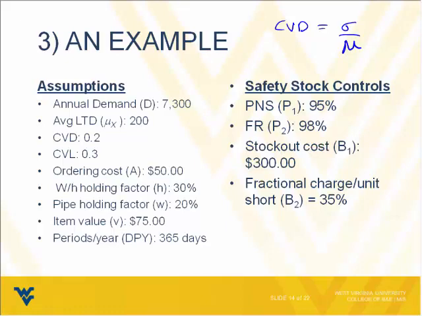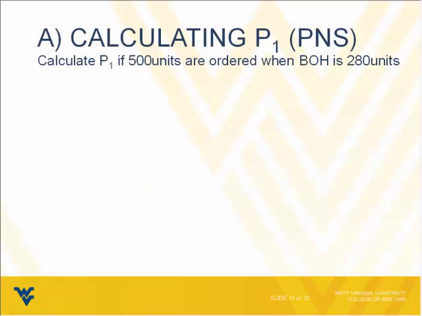So let's look at calculating the PNS if 500 units are ordered when the balance on hand is 280. Now we imagine this scenario where the company we are working for currently has a policy of an order quantity of 500 that is triggered when you have 280 units in inventory.